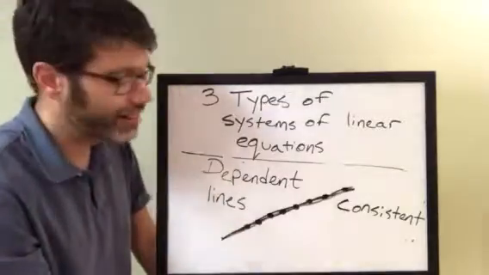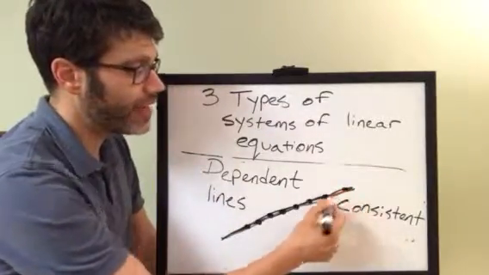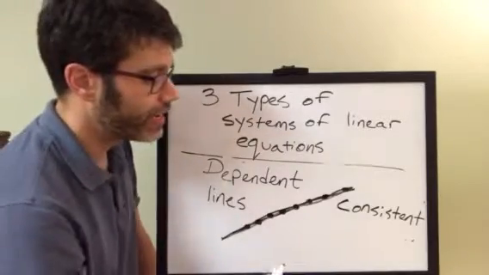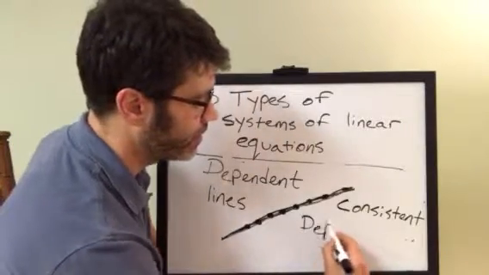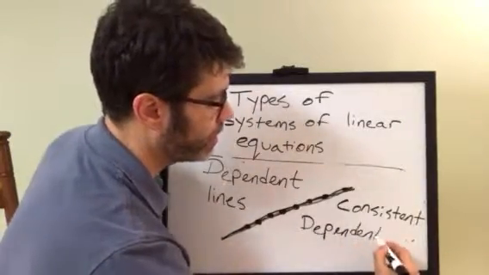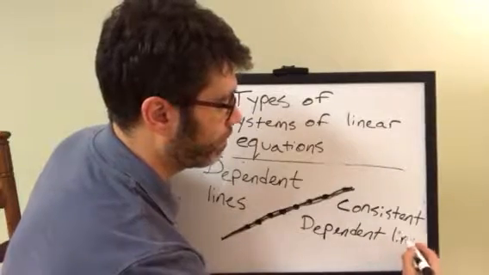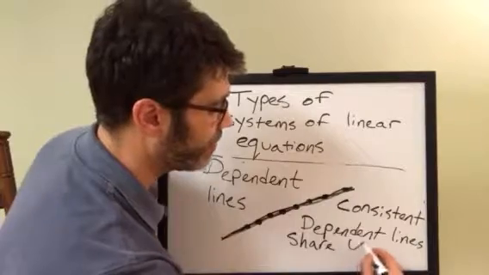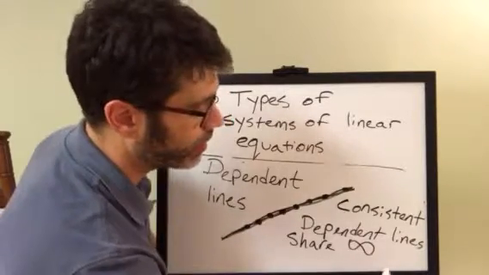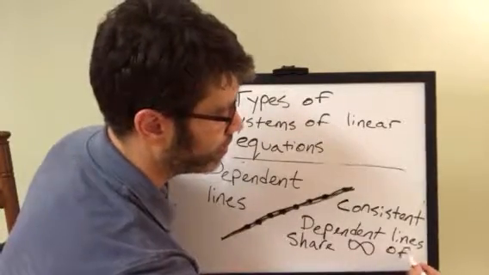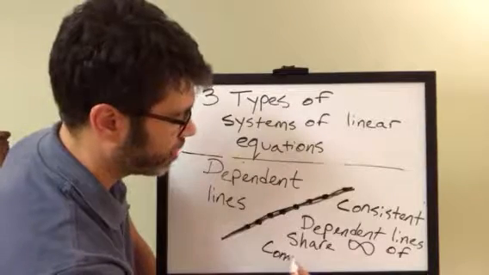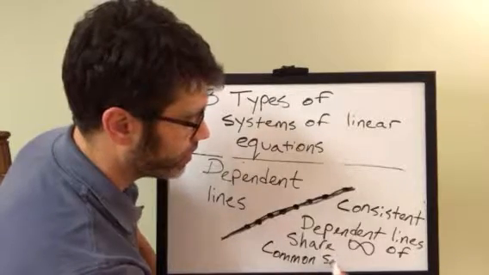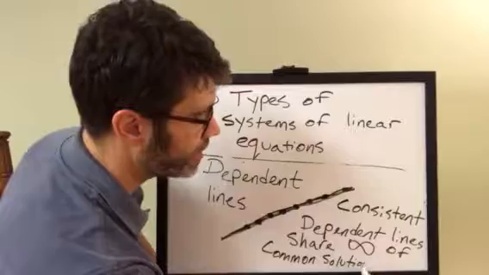In fact, since they're dependent lines, they share an infinite number of common solutions. But even just one would have made it consistent.